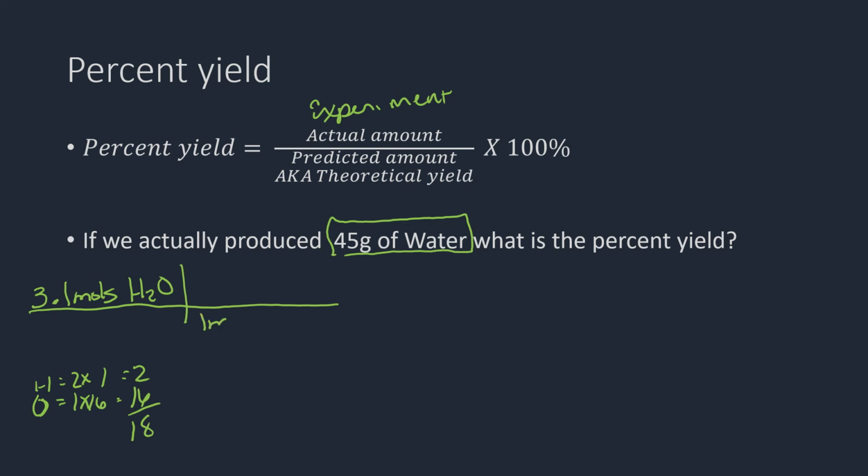So 1 mole of H2O is equal to 18 grams of H2O.